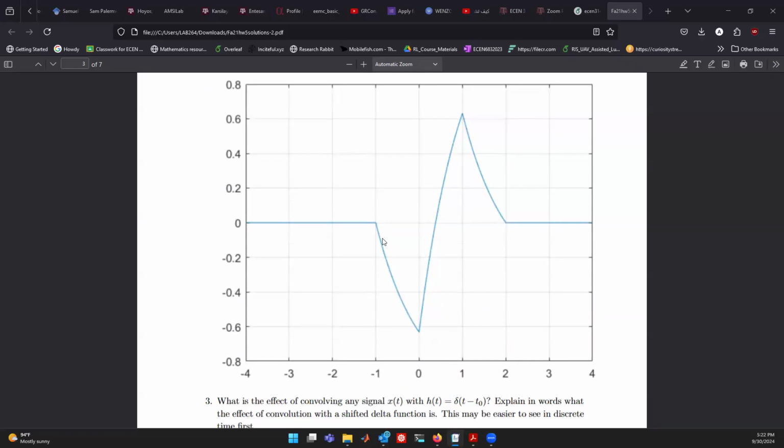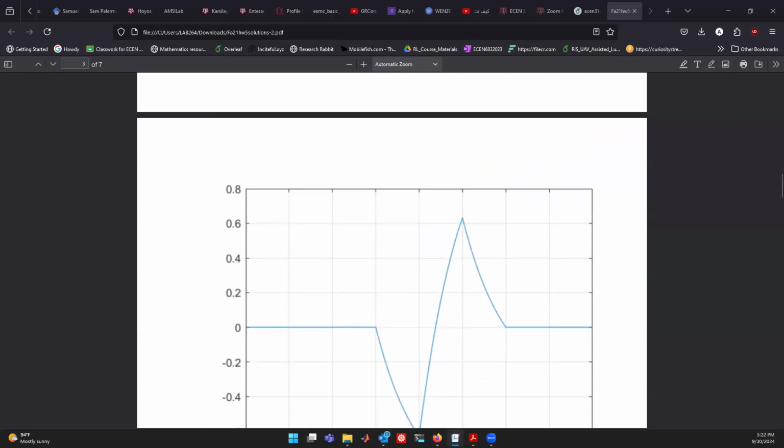When t is less than minus 1, let me plot in a different color, it will be 0. When t is larger than 2, it will be 0. So plus 1, plus 2. When larger than 2, it will be 0.